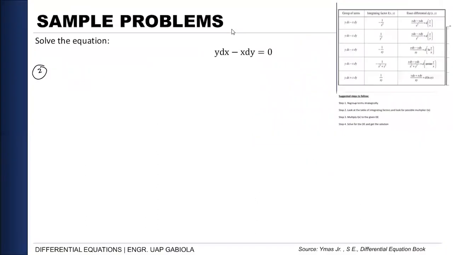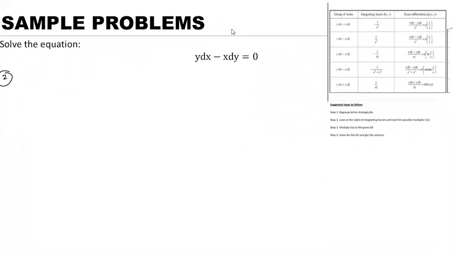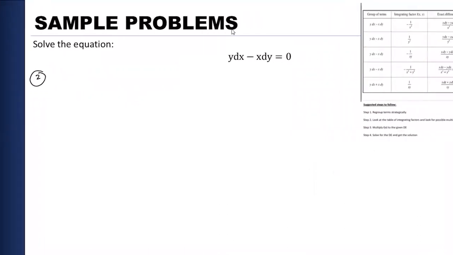So, ayan. So, allow me to write the possible integrating factors. According to the table, we have negative 1 over x squared. We have 1 over y squared. We have negative 1 over xy. And we have negative 1 over x squared plus y squared.